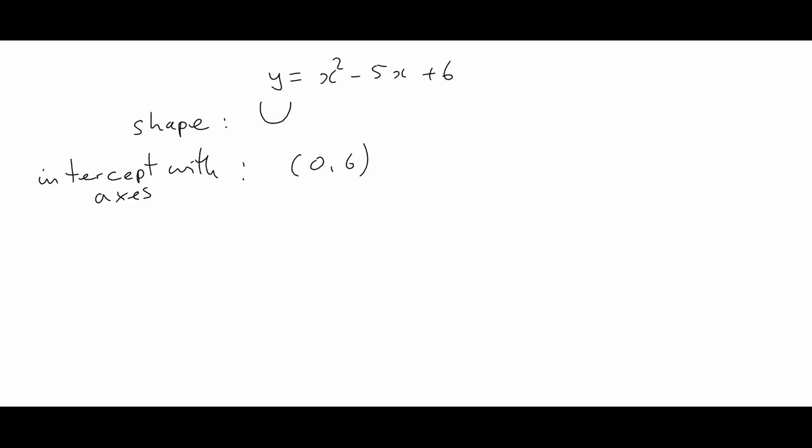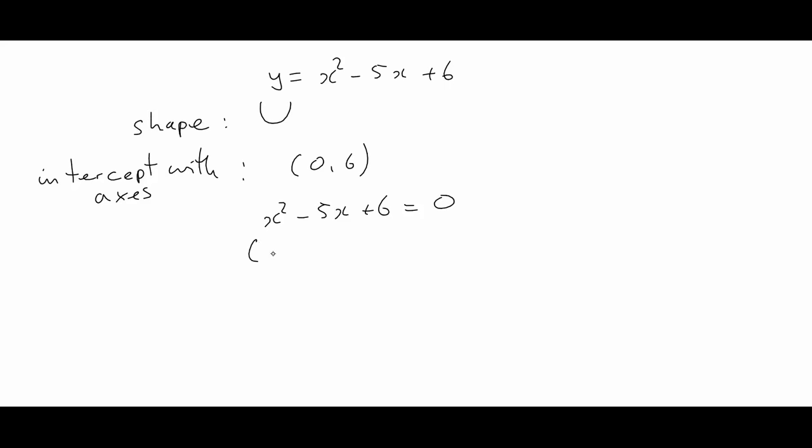And for the x-axis, we want to find the values for which y equals 0. So x squared minus 5x plus 6 equals 0. You could note from the previous videos that a quadratic like this factorizes, or may factorize.